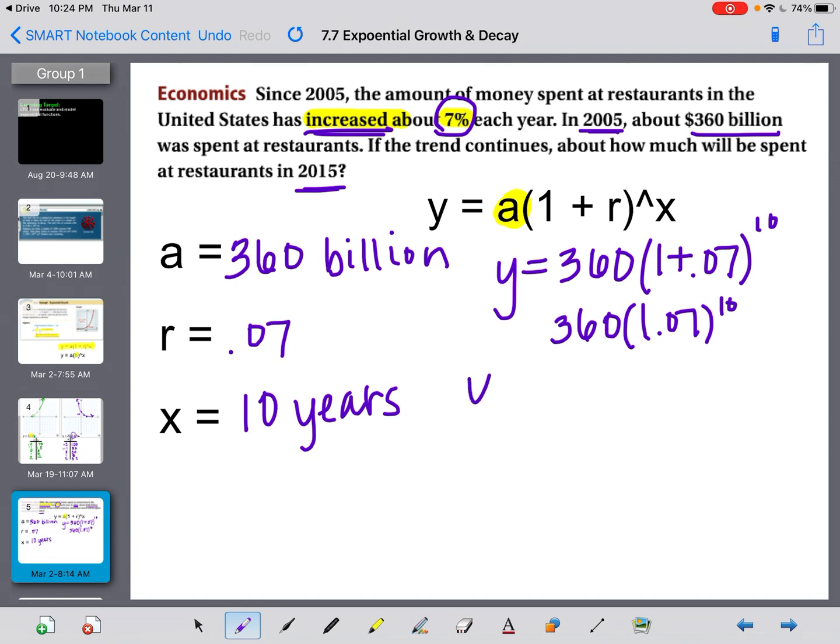So what we got here is 708.174488, and lots of other numbers. But remember now, this is billions, so we actually have to move our decimal so that this says billions. And that tells us that in 2015, the amount of money that's spent on restaurants will be $708 billion.